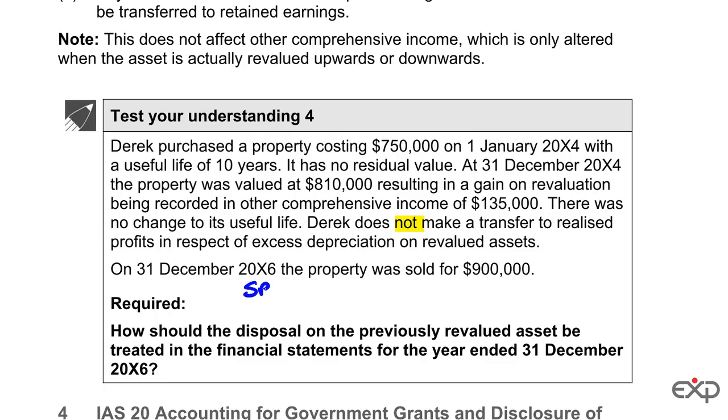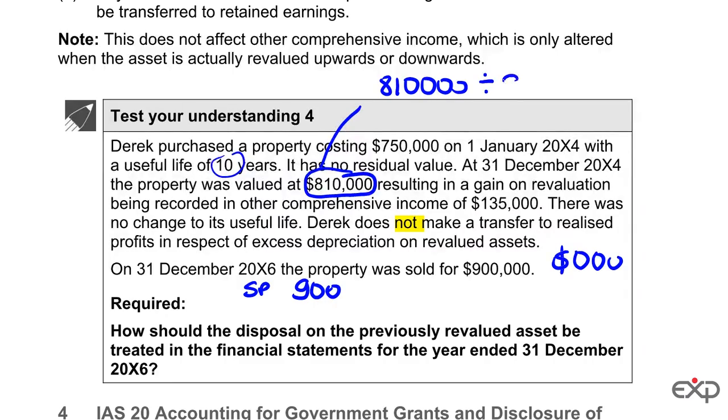Now, the sale proceeds of $900,000, I'm going to do all of these in thousands, $900,000 is then going to be compared to the carrying amount. The carrying amount is the $810 less the depreciation. Now, the depreciation on that, if we had a useful life of 10 years and 1 year after acquiring it and we haven't changed the useful life, we then carry on depreciating, it means that we're going to be taking 1/9 of that value every year.